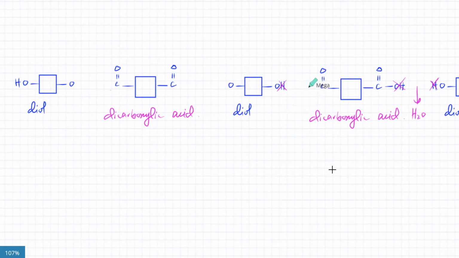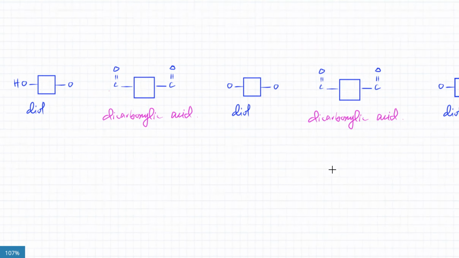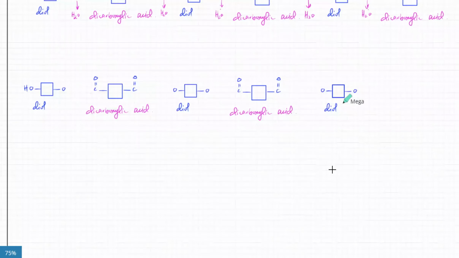The OH is lost, the H is lost. और फिर यहाँ पे भी अच्छा, so all of them they end up losing their H and OH. और ये भी कहानी यहाँ पे आगे भी चल रही होगी.